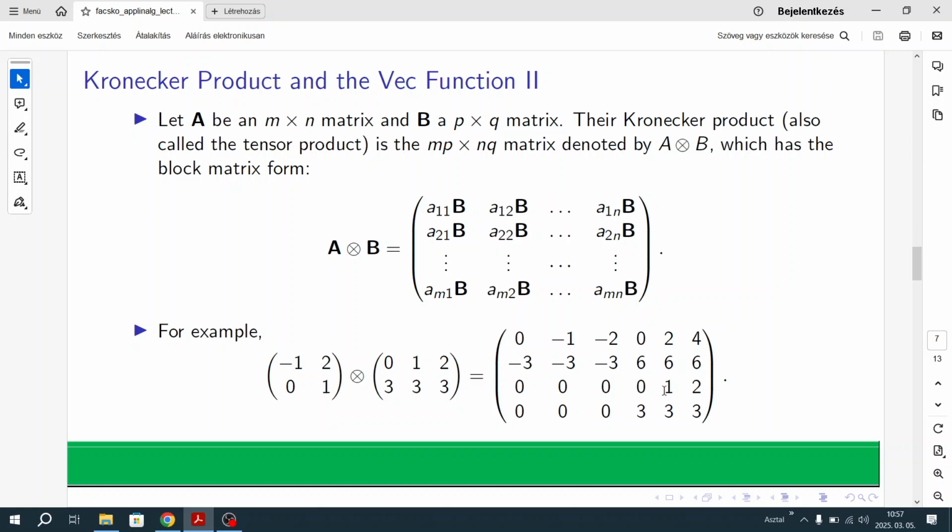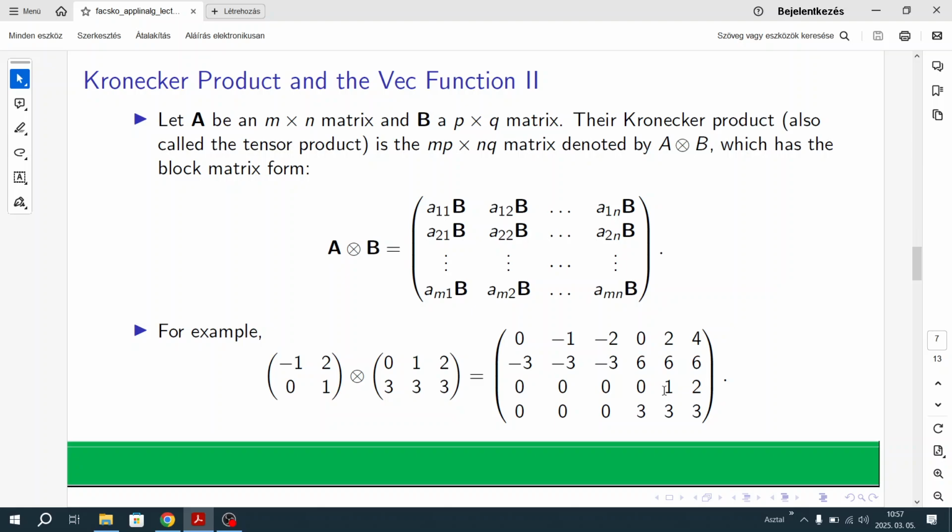It's the Kronecker product, and this is the symbol in LaTeX, the name of the operation.